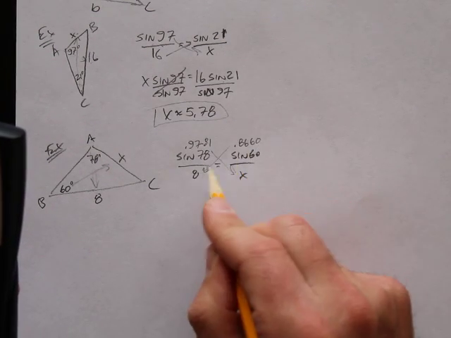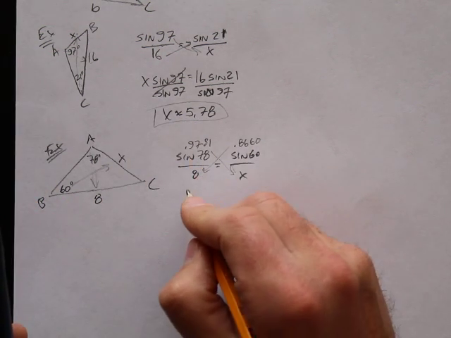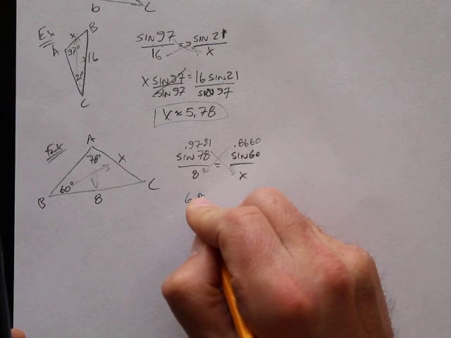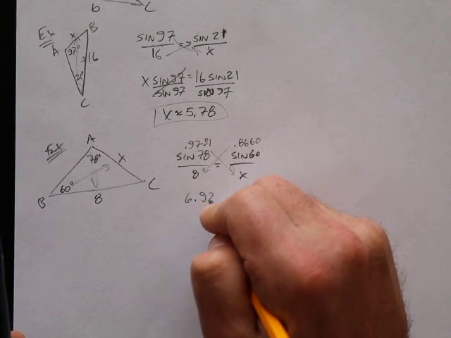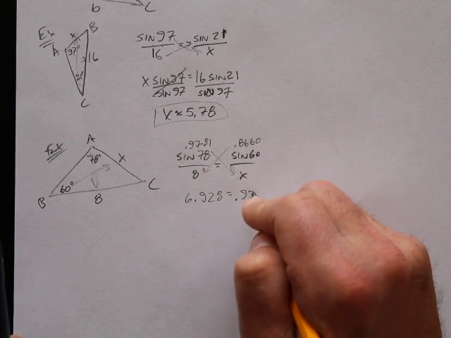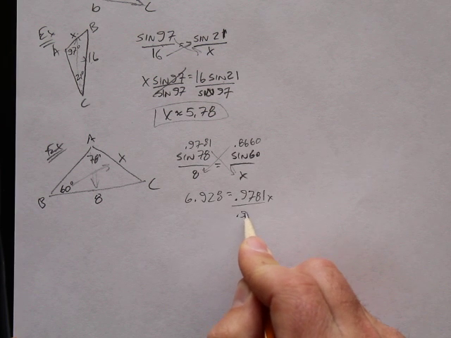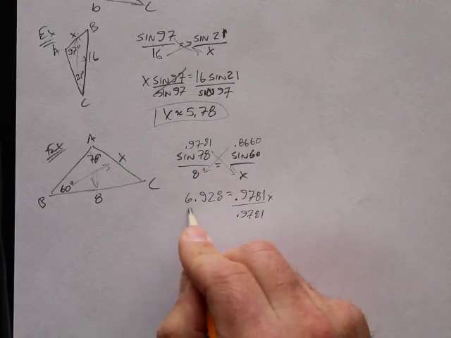Okay, now I'm going to cross multiply here. So 0.8660 times 8 is 6.928 equals 0.9781 times x. So now I just have to divide both sides by 0.9781.